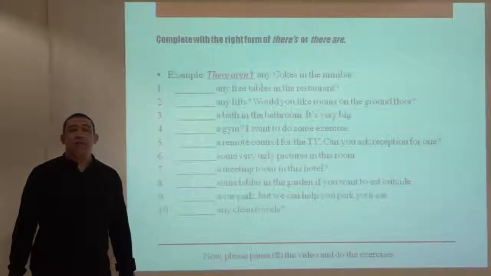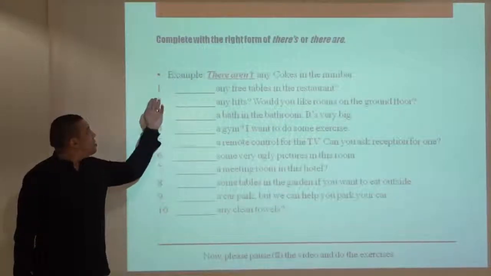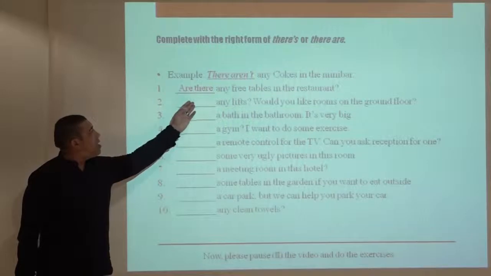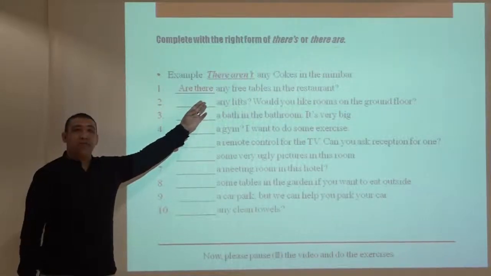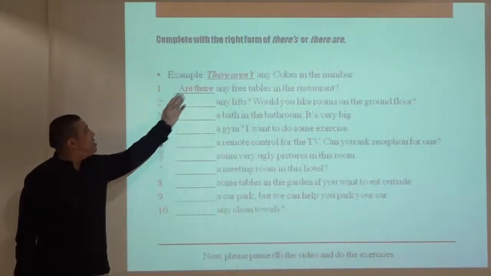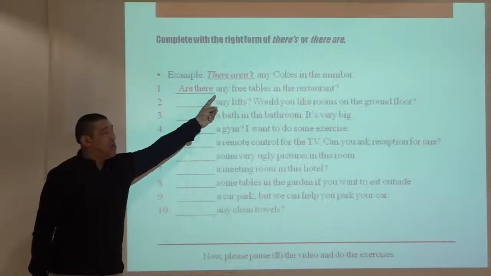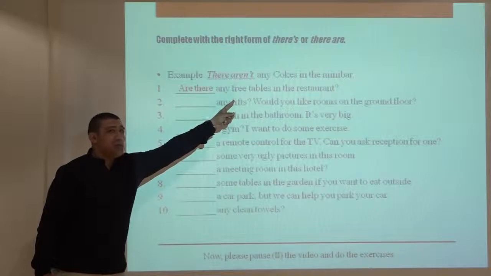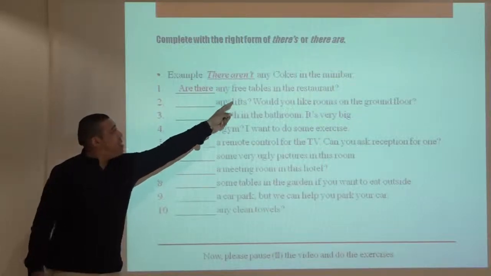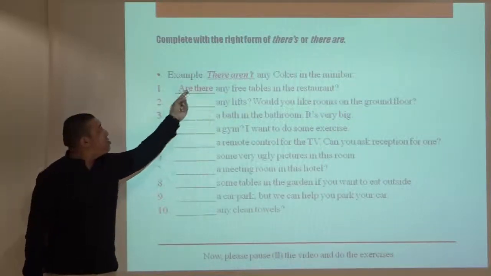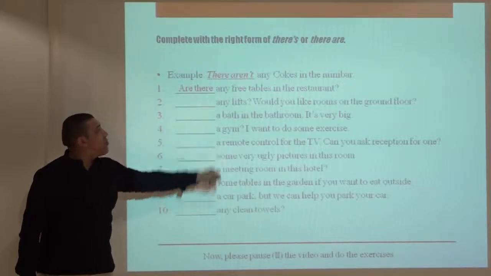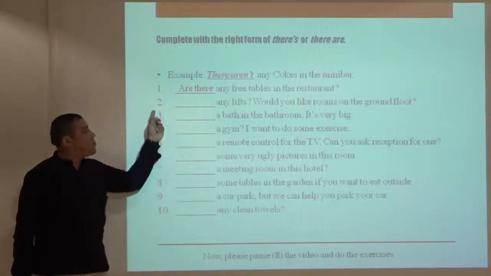Let's now check your answers. Question number 1. Are there any free tables in the restaurant? The answer is are there, because we have any and tables in plural form, and it's a question form. So we use are there any free tables in the restaurant?